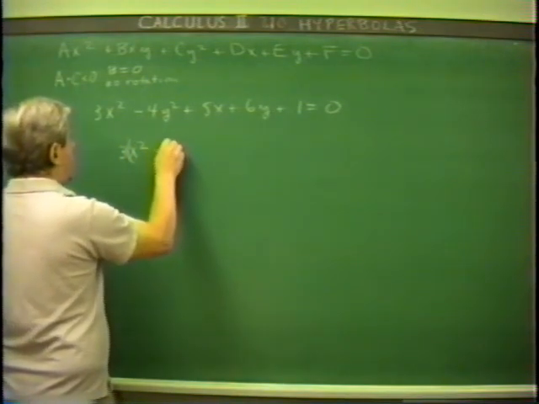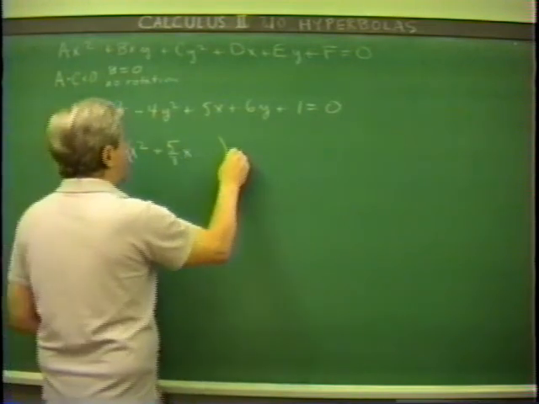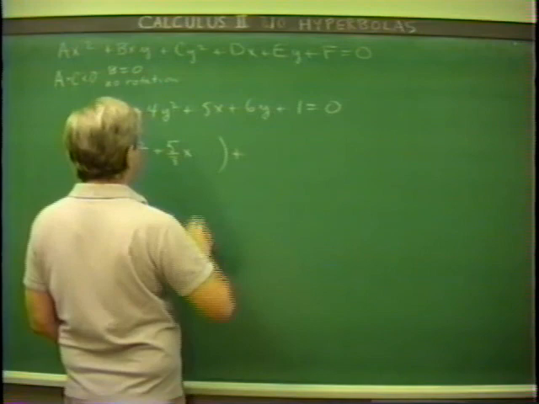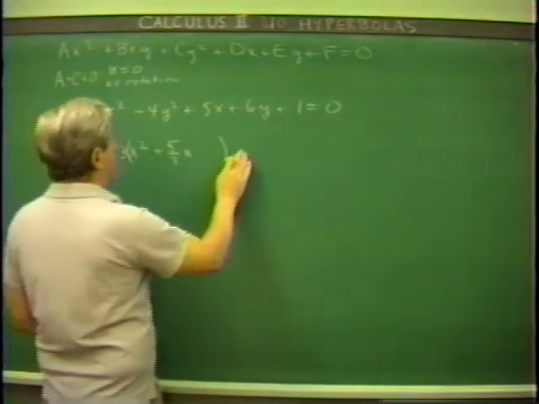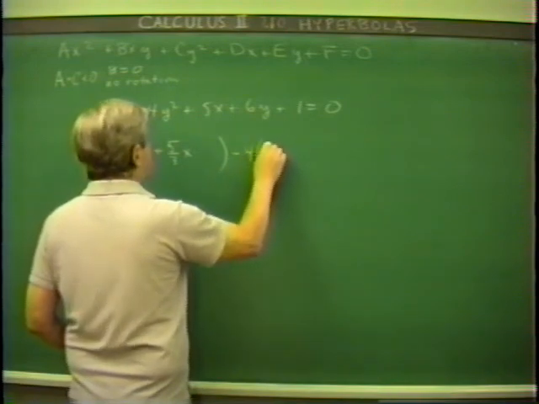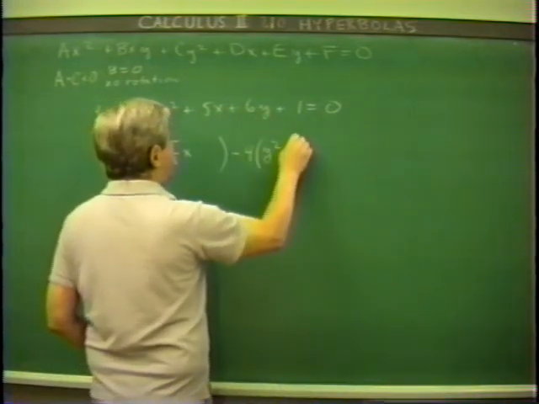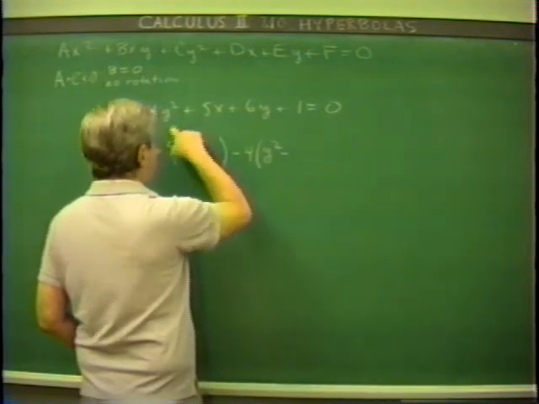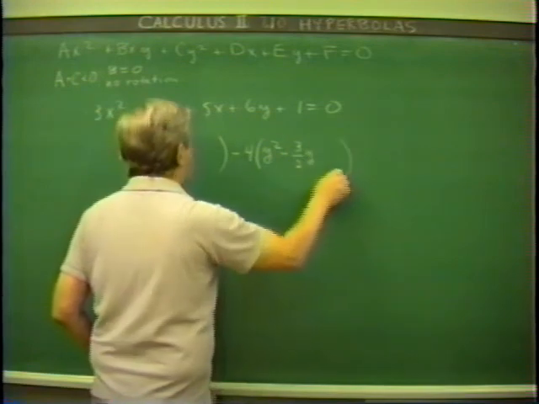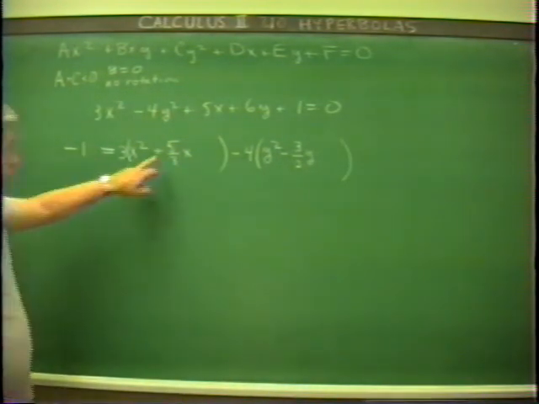Again, here we want to collect the x terms together. We're going to get 3 times x squared plus 5/3 x. Right? And the y squared terms here, we're going to get minus 4 times y squared, 6/4, we have minus 6/4, or 3/2 y.